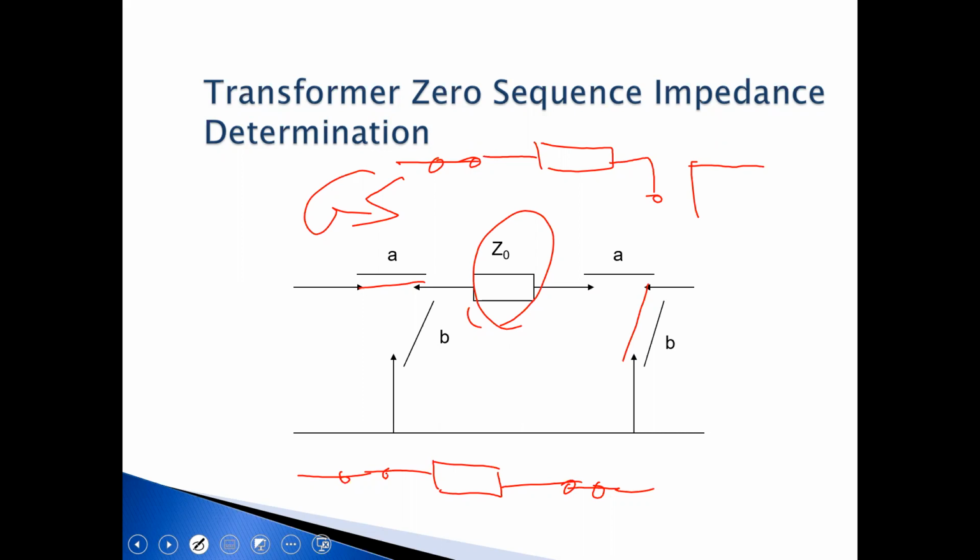But if I earth it through an impedance, then you would add to this 3 times Zn. So you'd have Z0, which is the zero sequence impedance of the transformer, and if you're earthing it through an impedance, then you would have 3Zn also connected in series, all right?